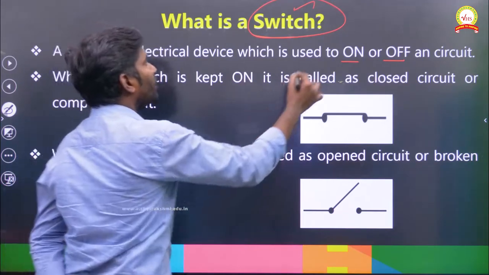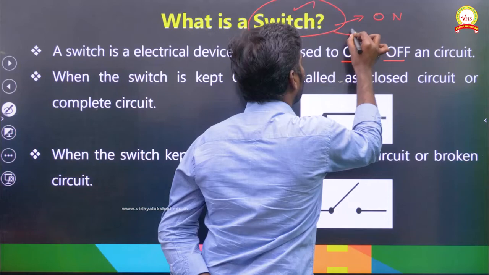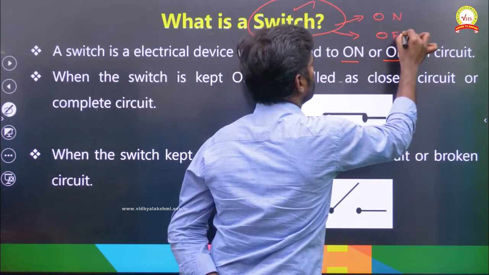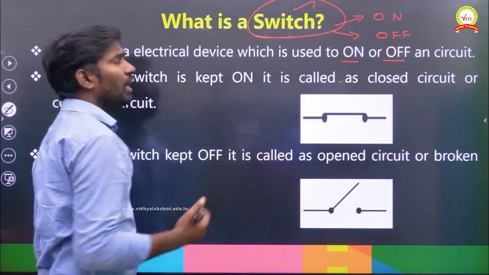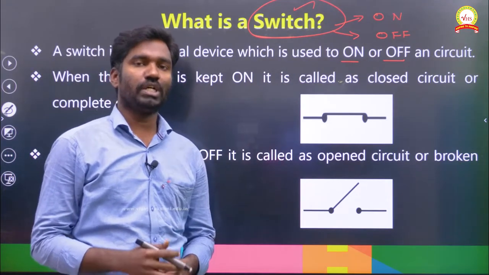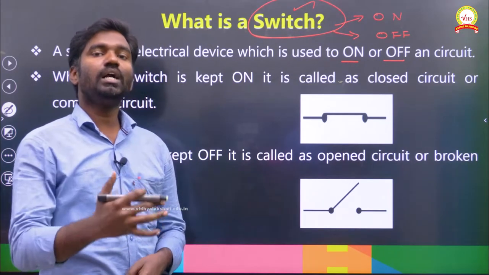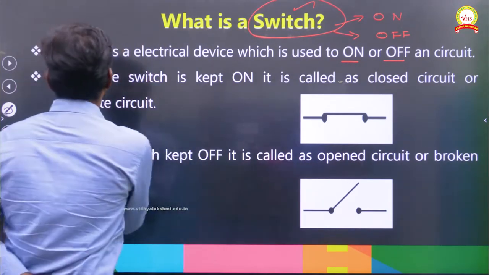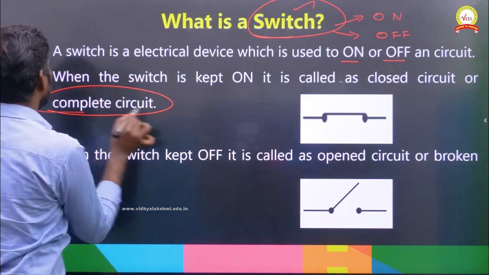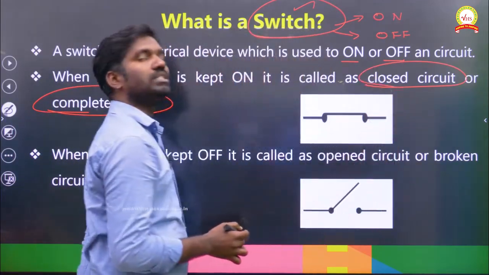Here we have two positions: one is the on position and another is the off position. Whenever the switch is kept in the on position, that type of circuit is called a closed circuit, or you can call it a complete circuit.